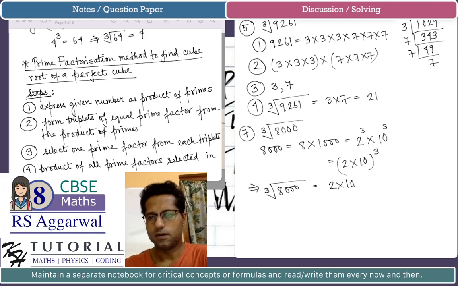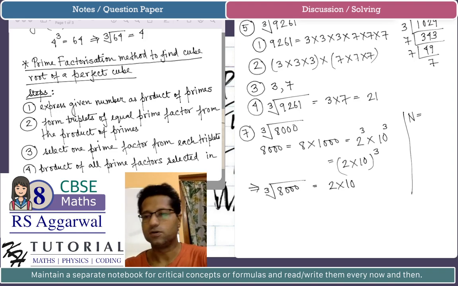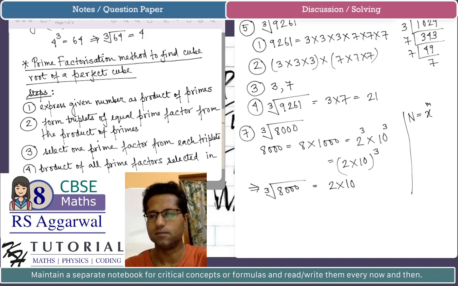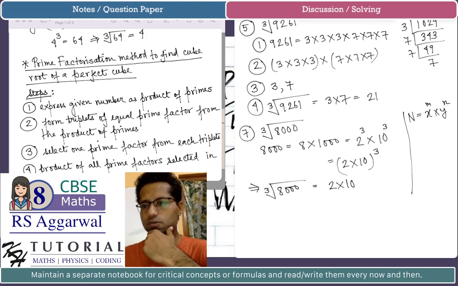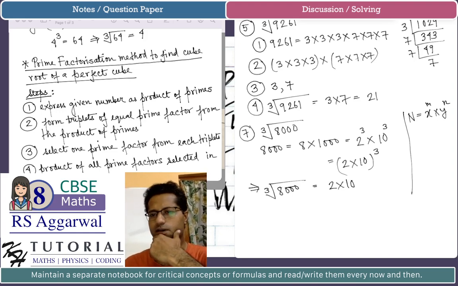For example, let's say n is a given number, and you have expressed it as x to the power m and y to the power n, where x and y are some natural numbers, and m and n are also natural numbers.